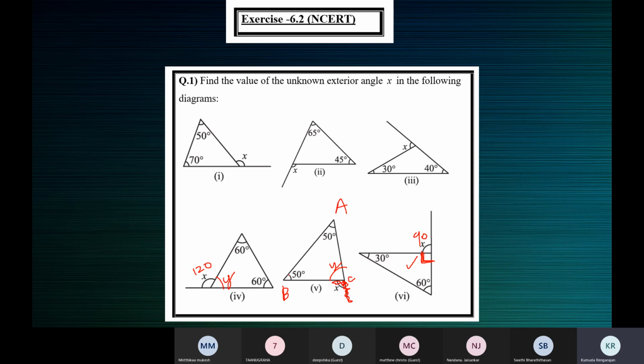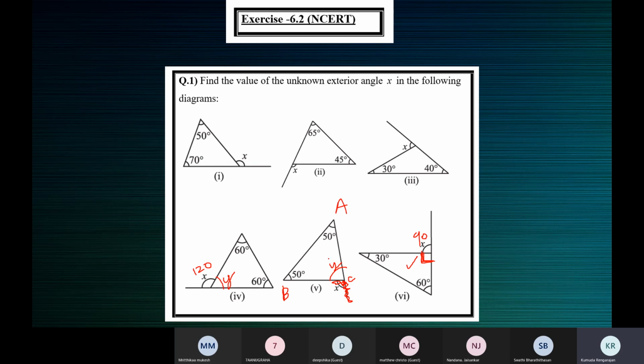Vertex B contains this angle which is 50 degrees. Which is the side opposite to angle B? AC, ma'am. Basically, leave that letter B. The remaining two letters, AC.